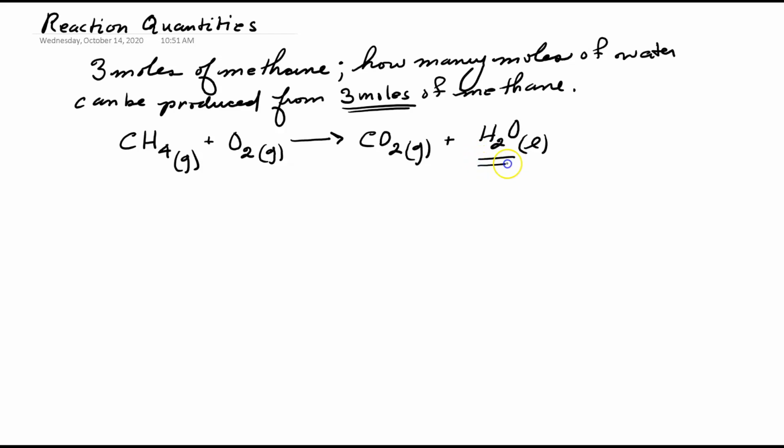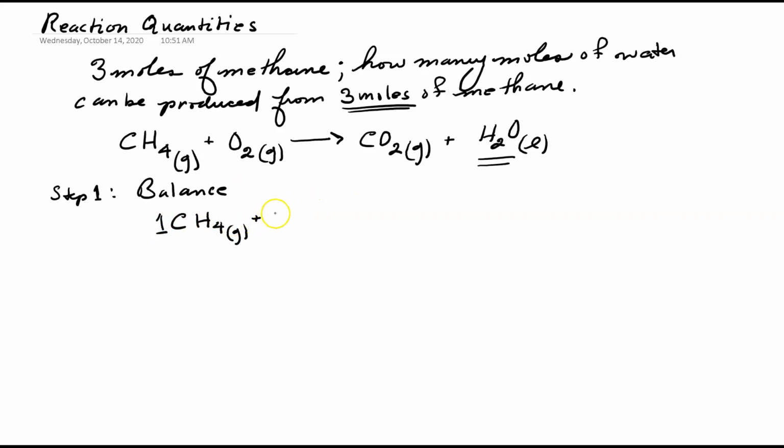So we have the discussion here to consider 3 moles of methane will produce how many moles of water. So the first thing we need to do is, if you will, step 1, balance the reaction. This one will be balanced very quickly. It'll be CH4, put a 1 in front of it, and see that we need 2 oxygens.